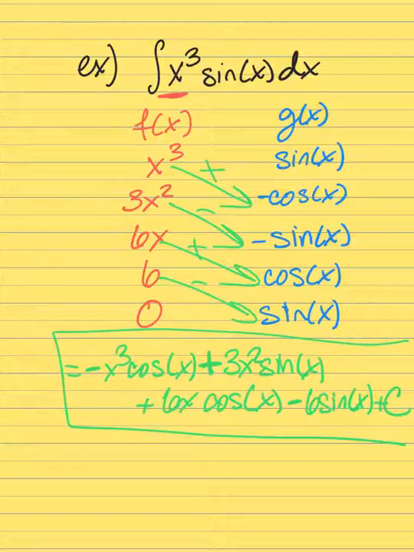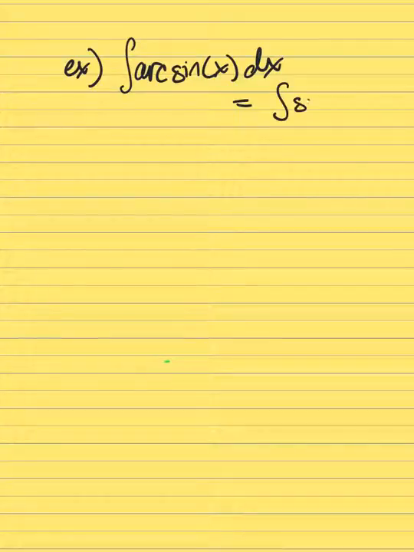All right, let's do a challenging one. Arc sine of x dx. Do we remember arc sine? Hopefully you remember that's the exact same thing as sine inverse of x.